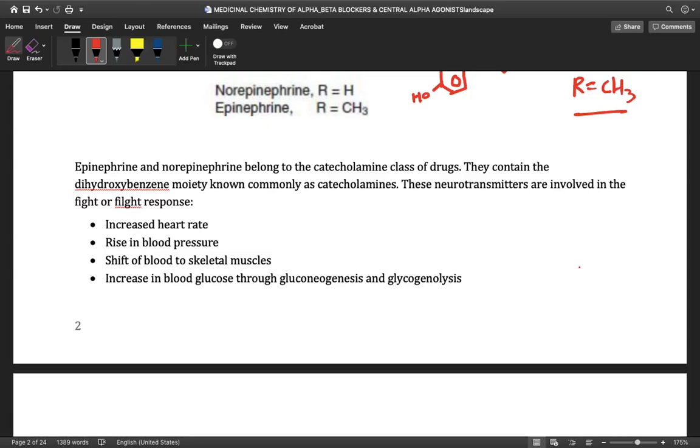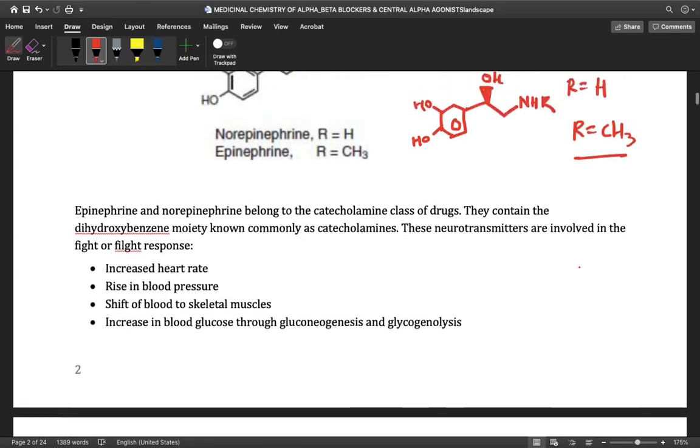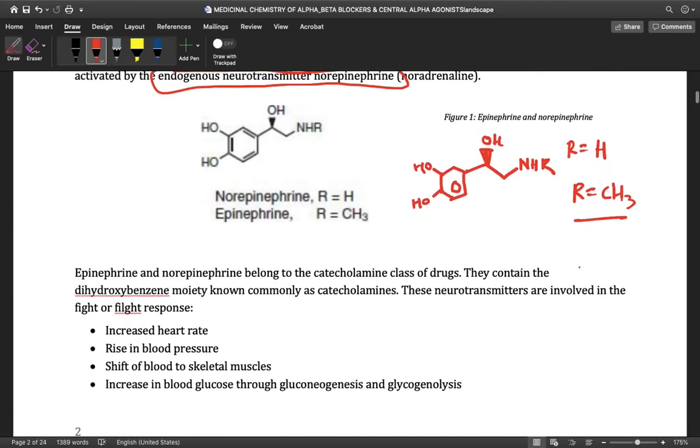These types of neurotransmitters are involved in the fight and flight response. In the fight and flight response, you will have an increase in heart rate, increase in blood pressure, and you're shifting blood from every other part of the body to the skeletal muscles, so you can run or fight. And then you have a series of mechanisms that lead to an increase in blood glucose.